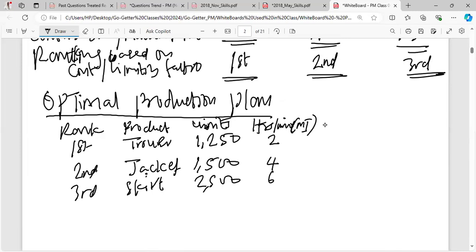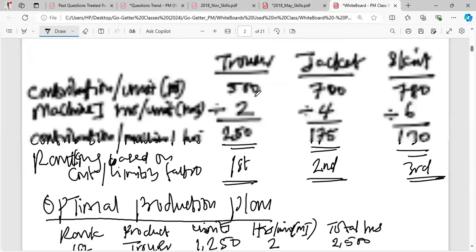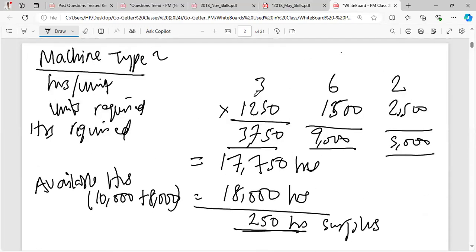Then I will say total hours. So 2 multiplied by 1,250 will give me 2,500. Normally we want to achieve how many hours are available.